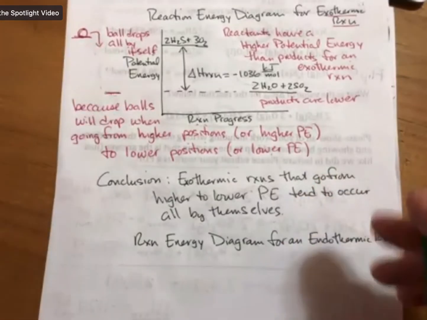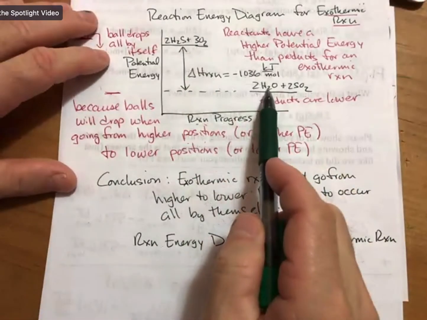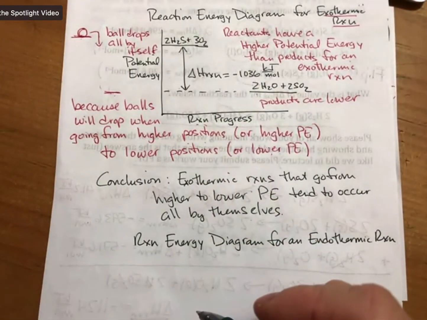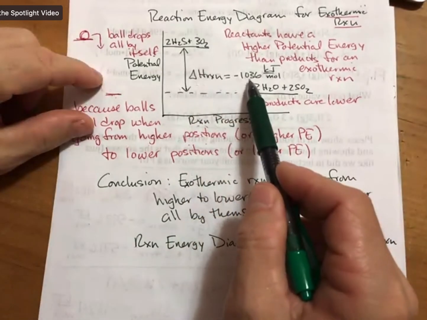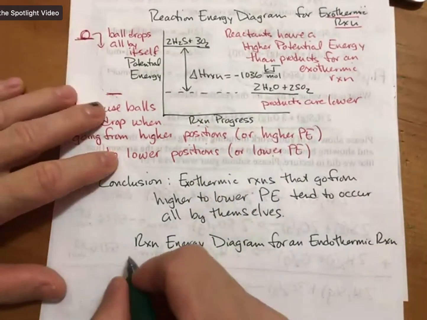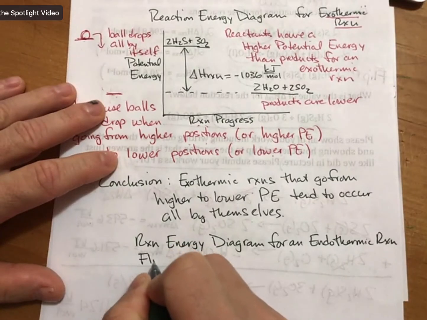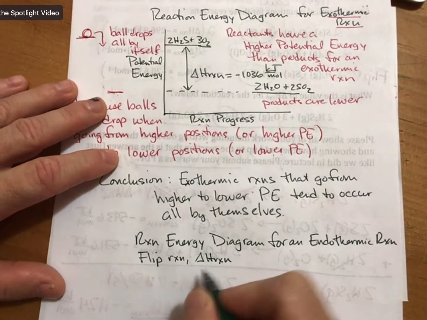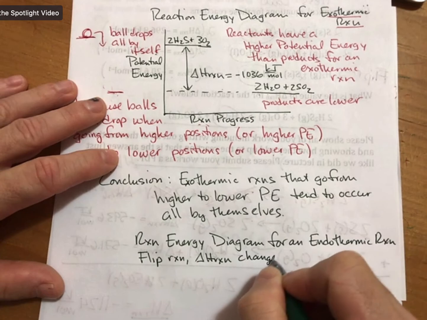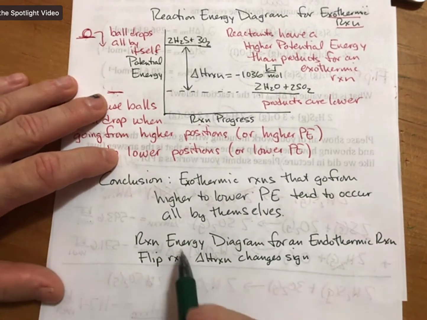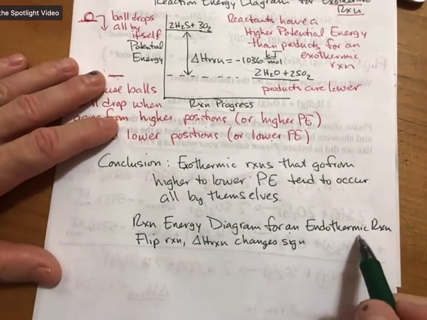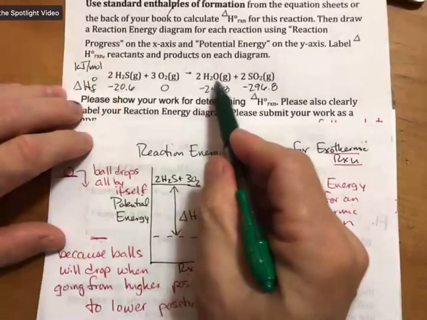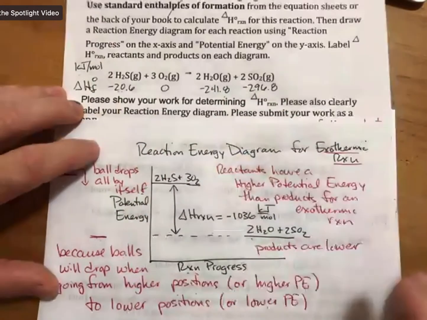What's interesting is that, remember, if you take a reaction and flip the reactants and products, then delta H reaction changes sign. So the reaction energy diagram for an endothermic reaction that I will do is going to be the flip of the reaction we just did.